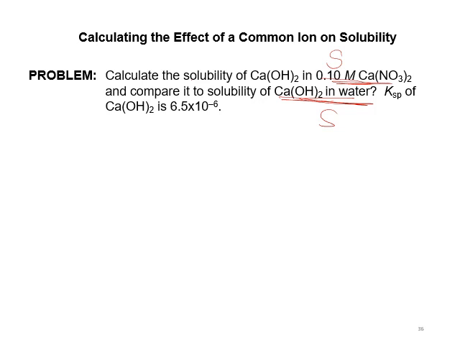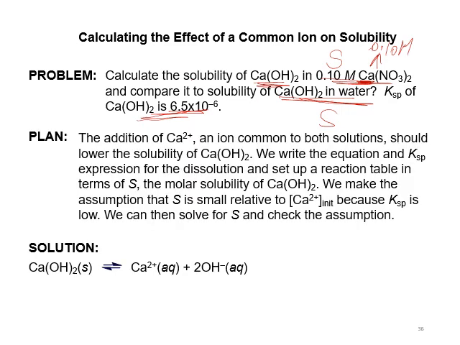All right, so based on this question, what's given to me is the Ksp value. The question is asking S, so I have to calculate two different values of S. First is in calcium nitrate solution. What is the common ion in this case? My salt is calcium hydroxide, so my common ion is calcium, which means to begin with, I will have some calcium in my solution. So my initial is going to be 0.10 molar for calcium. And I can create the table based off of this.